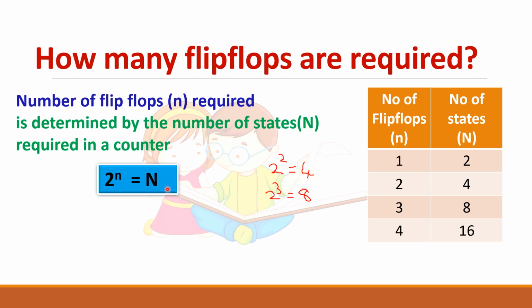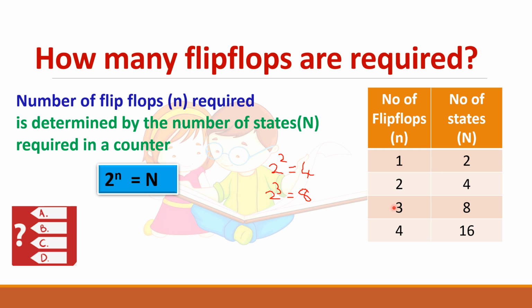This is given by the formula 2^n = N, where small n is the number of flip-flops and capital N is the number of states. For example, if I have 2 flip-flops, 2^2 is 4, so I will get 4 states. 2^3 is 8, so I will get 8 states with 3 flip-flops.